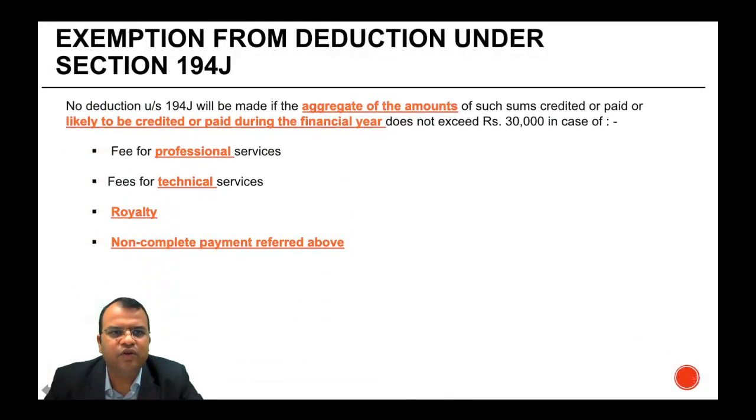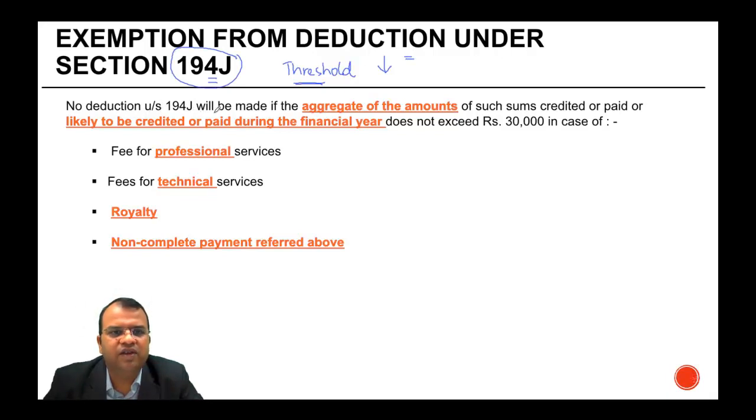Now, there is an exemption from deduction under section 194J. I spoke to you in the beginning of section 194J as there are certain thresholds, and if the payment is below these thresholds, then no requirement is there to deduct TDS under section 194J.